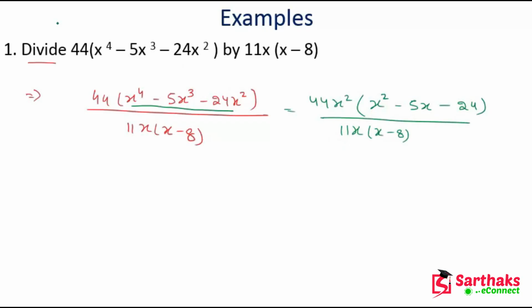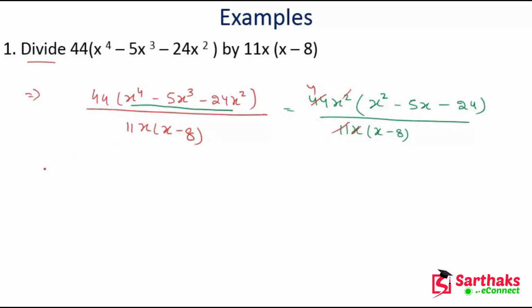Understand, my dear friends? Now 44 can be divided by 11, 4 times, and this x is cancelled. So now we get 4x into x square minus 5x minus 24, divided by x minus 8. So this is equal to 4x into, now we have to find the factors of this term.